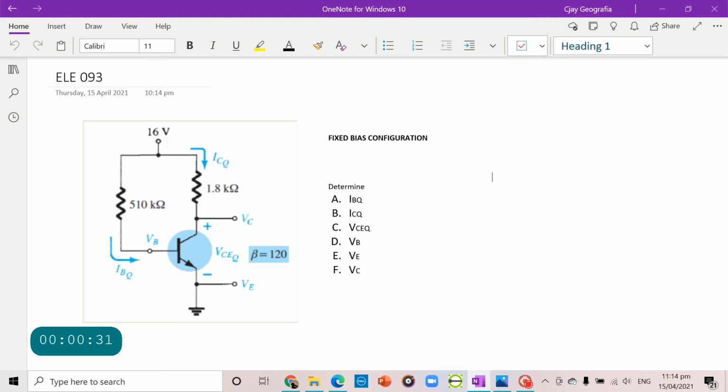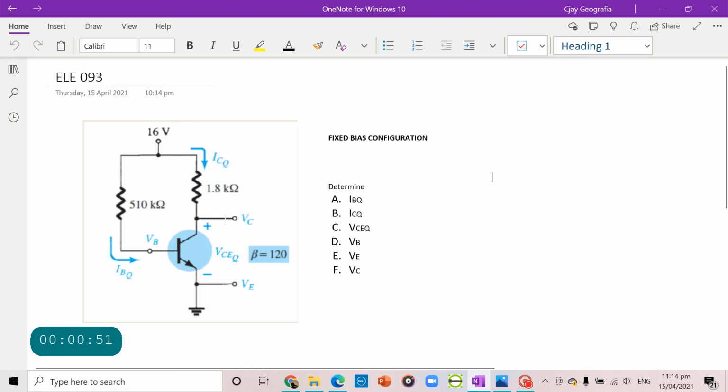These two resistor biasing network, which is the 510 kilo ohms and 1.8 kilo ohms, is used to establish the initial operating region of the transistor using a fixed current bias. The figure shows the fixed bias circuit.